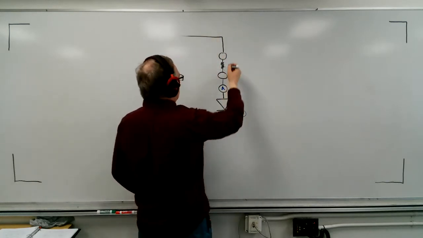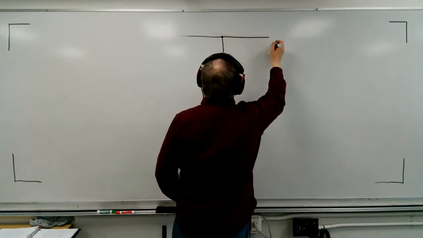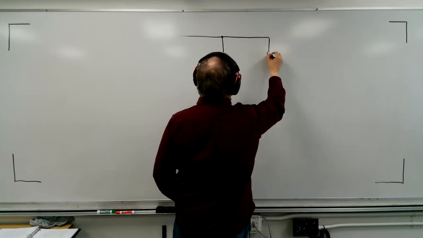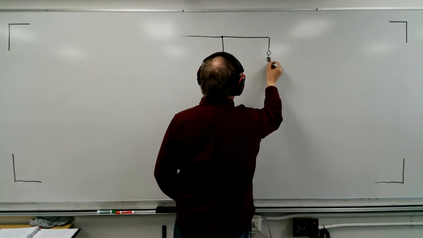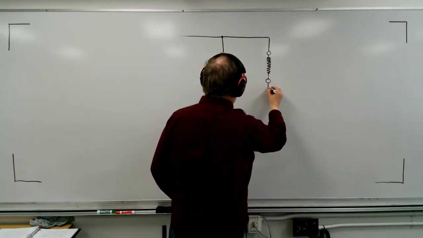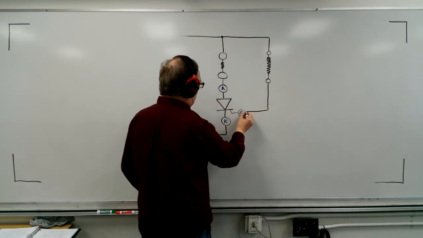In parallel to this, we're also going to have to look at a trigger circuit. So I'm going to start with the resistor, and we're building a trigger circuit here, and I'm going to take that straight into the gate.